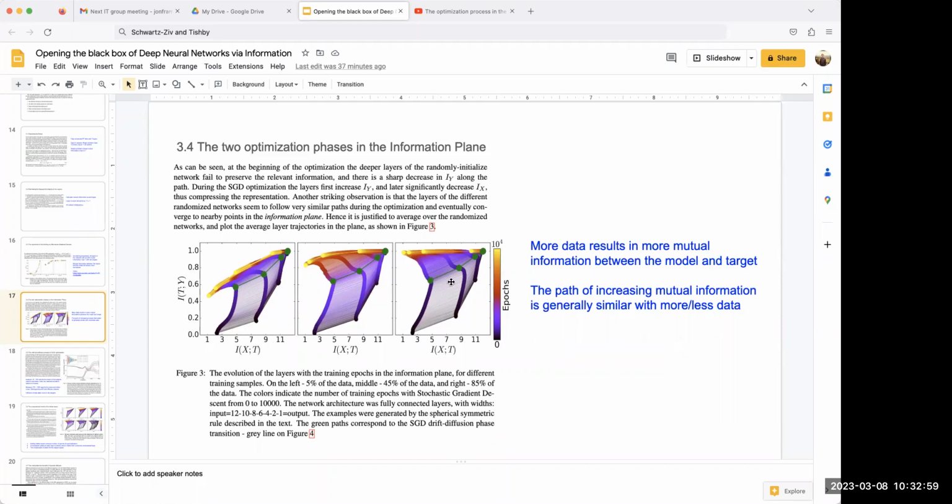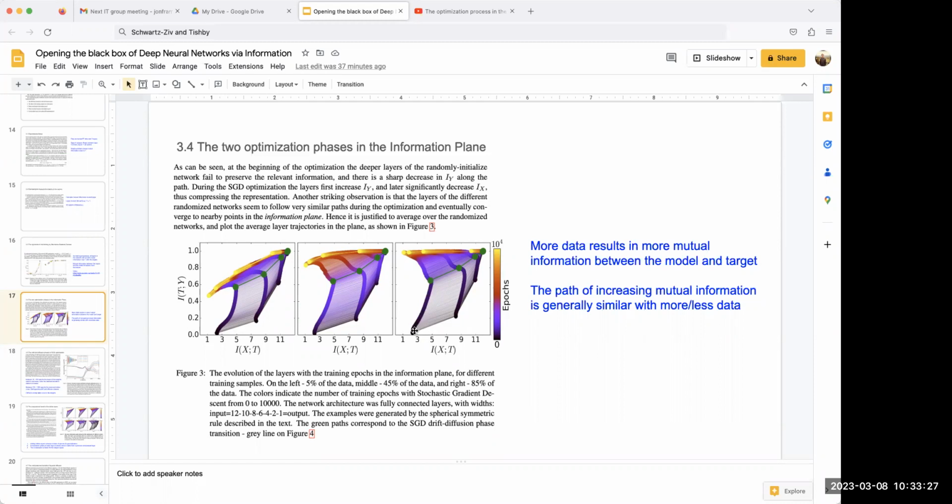So if you just look at the furthest right plot, it shows that as the epochs progress, just like what we saw with those dots, there's a plane of how that takes place. So it starts with at least one layer.